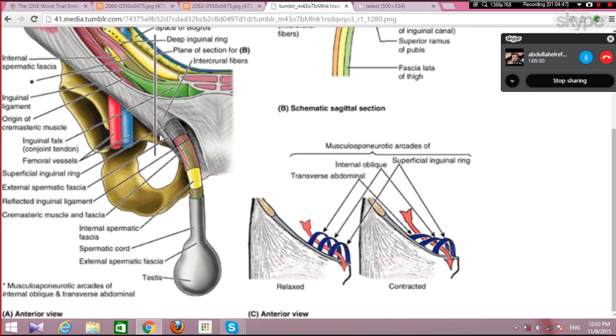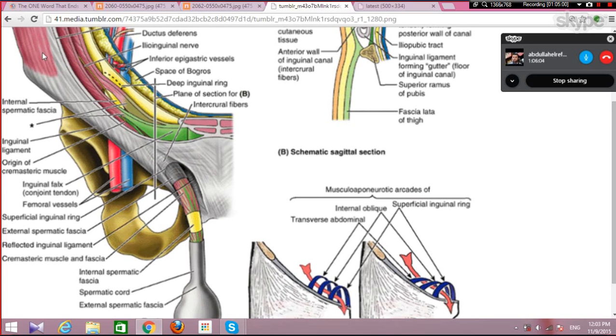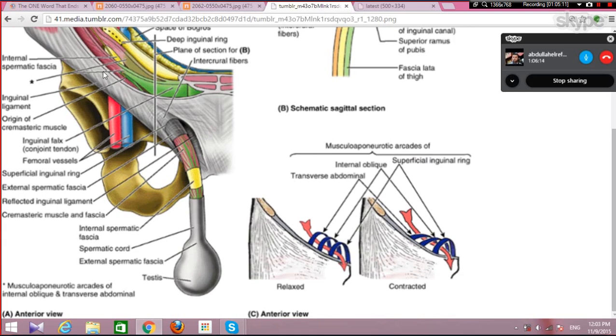This is called the superficial inguinal ring. So the aponeurosis of the external oblique, when going inferiorly, some of the fibers form the inguinal ligament, and some come superficially and split into medial and lateral crus. Here they form an opening, called the superficial inguinal ring.